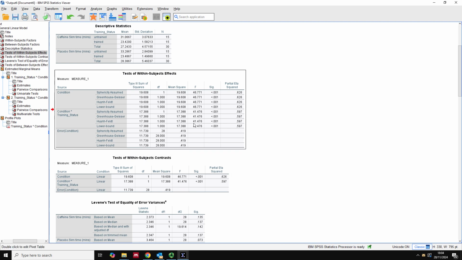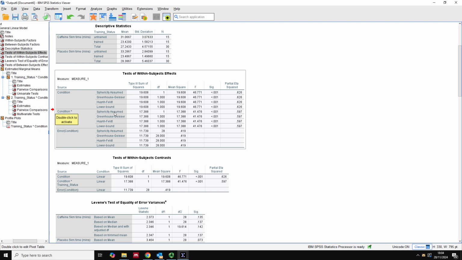Now we can interpret the actual ANOVA, and this is the main table here, the test of within subjects effects. If you come down to the middle, we've got condition star trainer status, and that's our interaction effect. This is what we want to look at first in our ANOVA table once we've satisfied those assumptions.